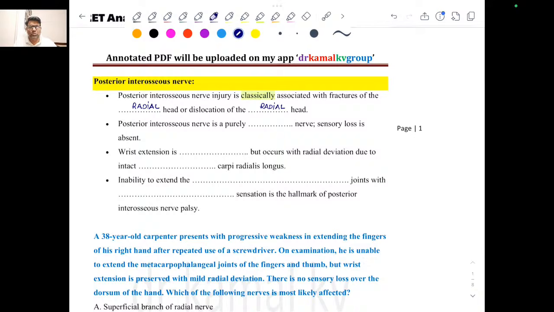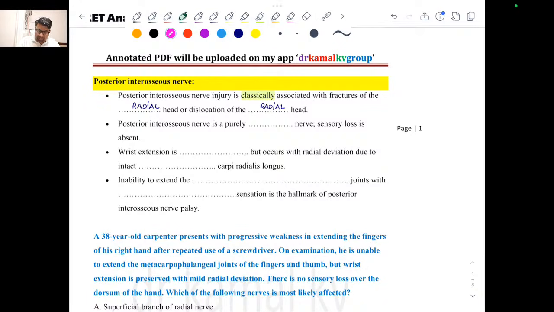So whenever you have a question in which there is any mention of injury in the area of the radial head or radial neck or in the area of the supinator muscle, think of injury to the posterior interosseous nerve. If there is any fracture of the radial head, any operative intervention for the radial head, or dislocation of the radial head, there are more chances of injury to the posterior interosseous nerve.